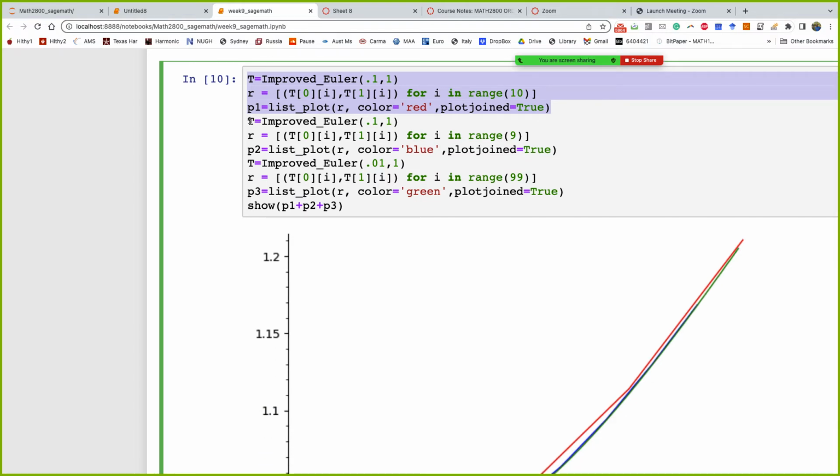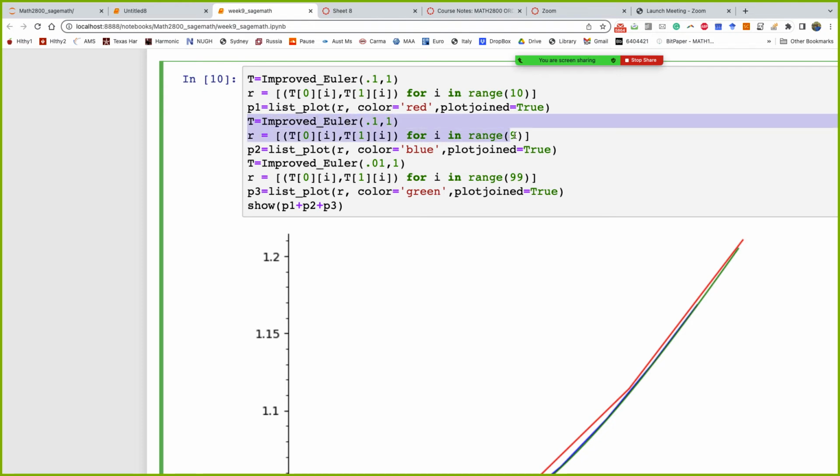Since I like to plot the solutions, connecting the points together, it will be straight lines. So for improved Euler, again I'm writing 10 here. In fact, let's do this one differently: 20, so 25, so this will be 4.